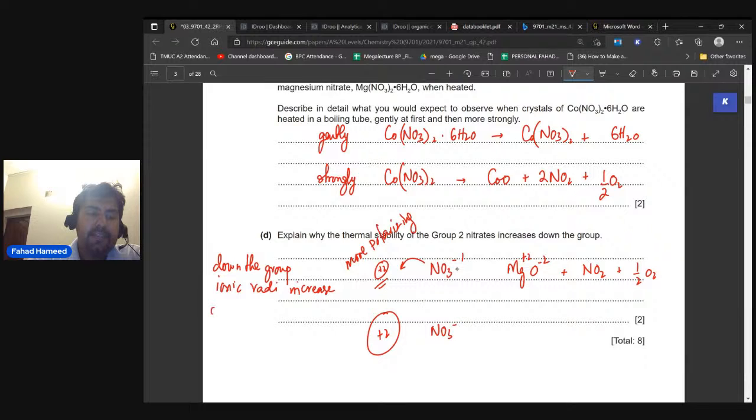So the charge density of the ion decreases. And when that decreases, there's less polarizing power.